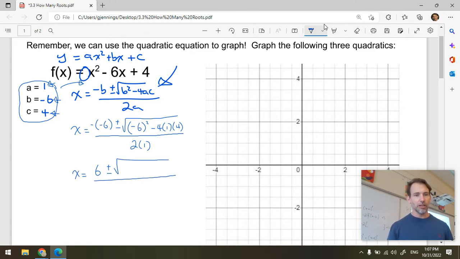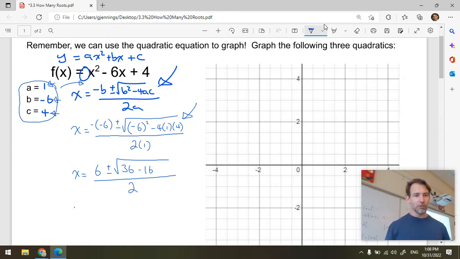Negative 6 squared is 36, and your calculator will tell you if you don't know. Negative 4 times 1 is negative 4. Negative 4 times 4 is negative 16. Okay. So we have 36 minus 16 in the brackets. And then on the bottom is 2 times 1 is just 2.